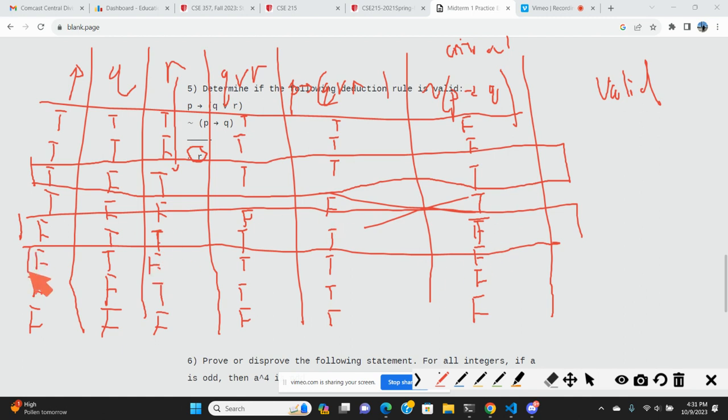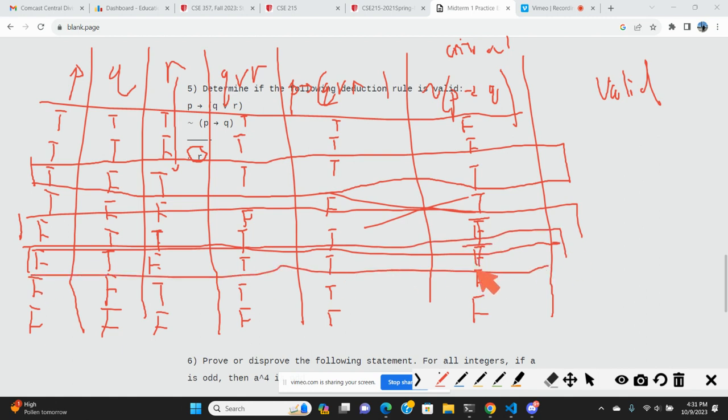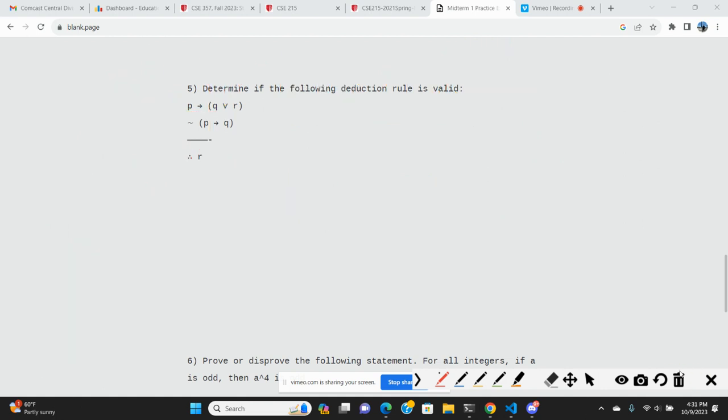But let's say also this row, let's pretend this is true. So now we have one row in which R is false. So if you conclude R, then this is an invalid argument because we have one row in which our conclusion is false, but all my predicates are true. So that's an example of how to prove validity in logical inferences.